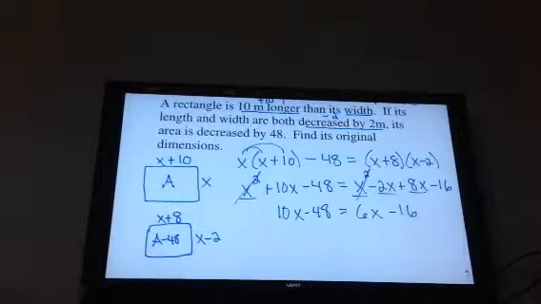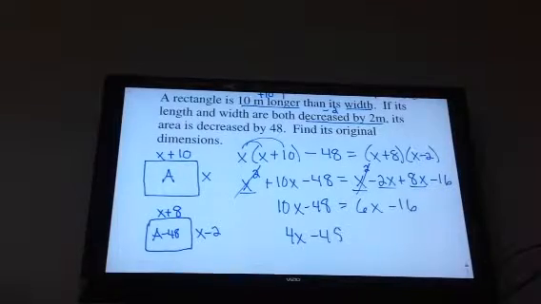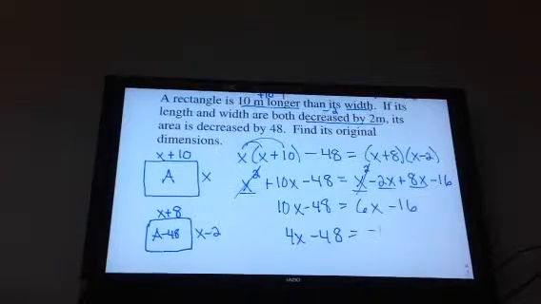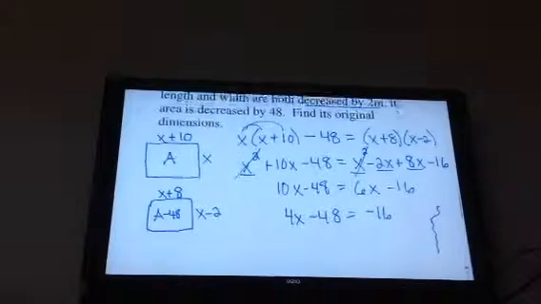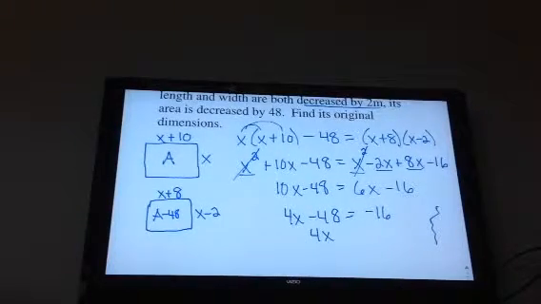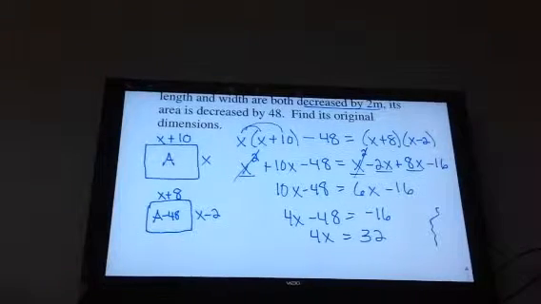Subtract my 6x, so 4x minus 48 equals minus 16. Add 48, 4x equals 32, and divide, and x is 8.